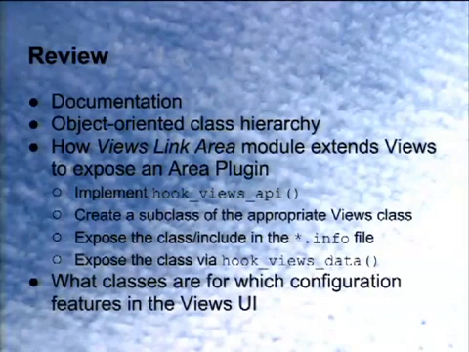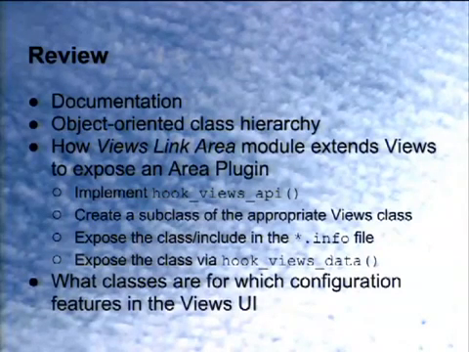You've got to implement hook views API. You do that once in your whole module, of course, not for each class that you've created a subclass for. Then you create the subclass of the appropriate views class that adds the type of feature you need. You have to expose that class in your module's info file.